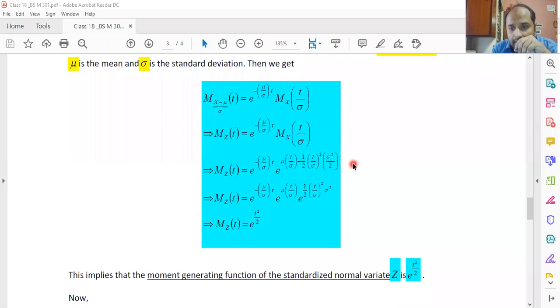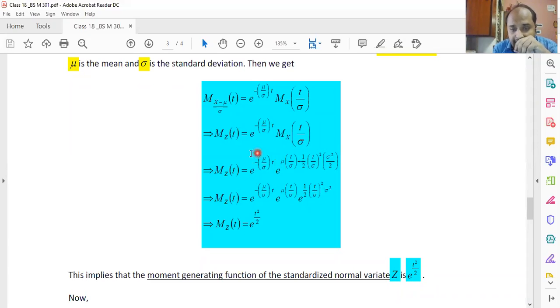Now, if I do so, then this sigma square and this sigma square will cancel each other. And we can break this exponent into 2 parts. You can write e to the power mu into T by sigma, multiplied by e to the power half T square by sigma square into sigma square.